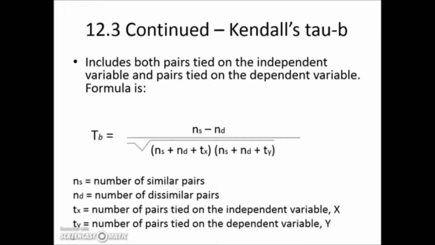Kendall's tau B includes both pairs tied on the independent variable and pairs tied on the dependent variable.